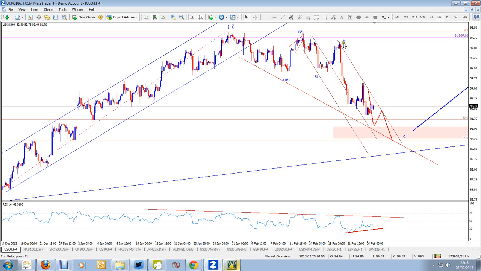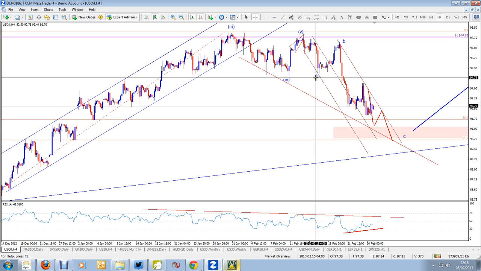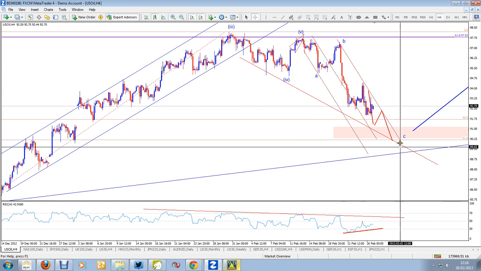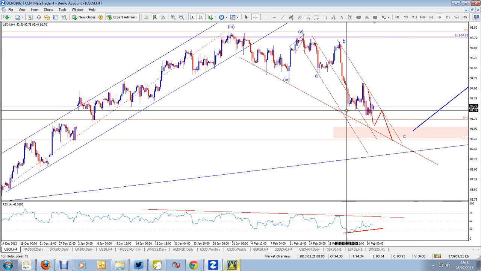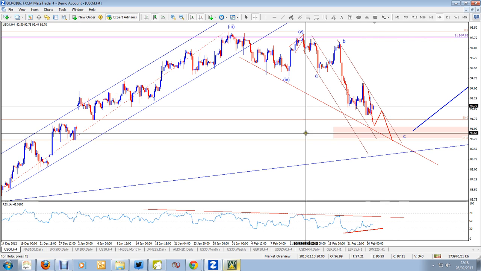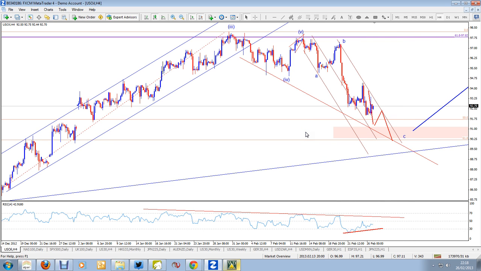But if you look at this here and we assume that this top is in here, then this is small a, b and c to give us wave A, B, C to give us wave B back, and we are now trying to form this wave C. We've already got wave A, wave B, so we're just looking for finalizing that final leg, and that would then synchronize with the equity also coming down, and both of them putting in a low for the market to then bounce back.